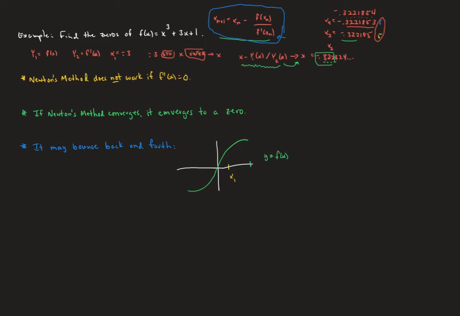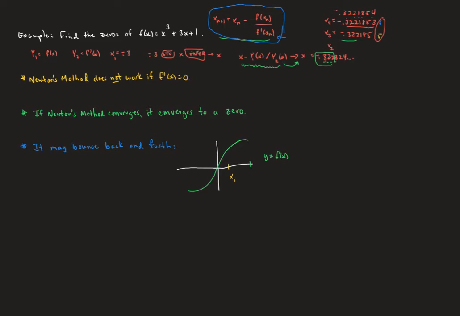In the green, we can see that if Newton's method converges, you can have 100% confidence that that is a 0 of our function. Where the tricky part comes in, if you have something with vertical asymptotes, like imagine a tangent curve, and you're trying to find a 0 and it happens to be close to that vertical asymptote, you have to be sometimes very careful on your first guess.